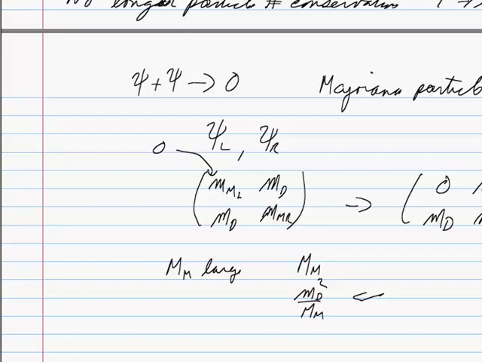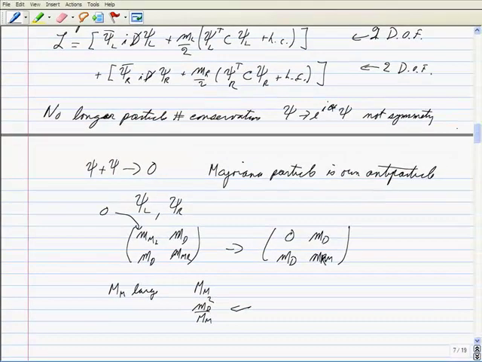This one is dominantly left-handed because it just takes a little mixture of the right particle in there. With a small mass, if M Majorana is big, then the other particle sits high. This guy gets low because you have a typical mass divided by a big number.